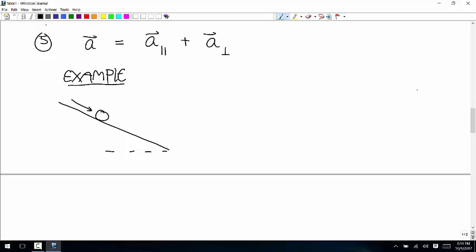So the object's path looks like this. What direction is the velocity vector? It's in the direction the object's traveling, so it's parallel to this path in the direction that it's moving. So I'll draw it like that. There's the velocity vector.